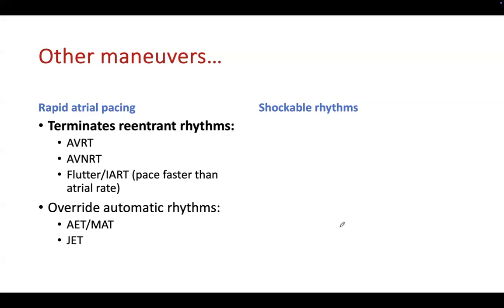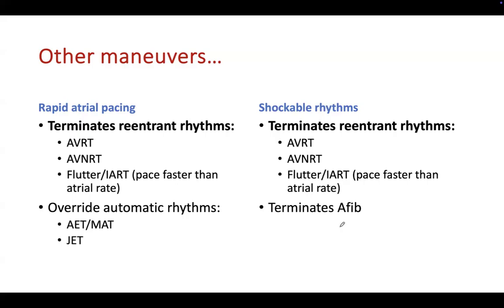Versus a shockable rhythm: you can shock the patient and see the response. If the rhythm terminates after shock, this could be AVRT, could be AVNRT, could be flutter. There also could be atrial fibrillation, but it's usually ineffective in atrial tachycardia or junctional tachycardia. So the behavior of the pacing maneuvers or the cardioversion helps you also figure out the SVT mechanism.